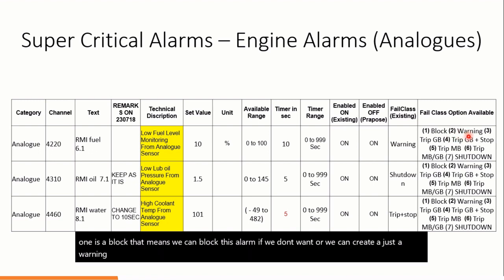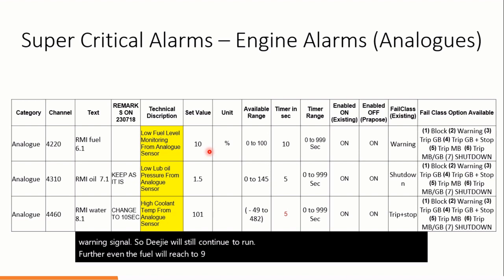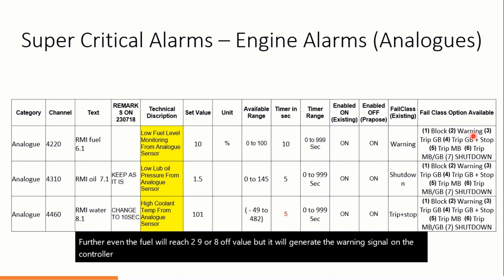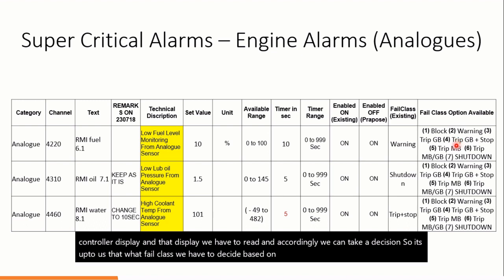So the DG will still continue to run even if the fuel reaches 9% or 8%, but it will generate a warning signal on the controller display, which we have to read and accordingly take a decision. So it is up to us which fail class to choose based on the complexity of our operation.